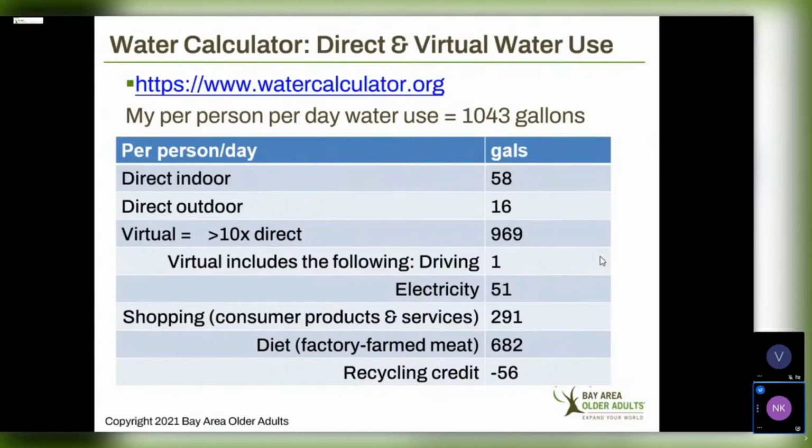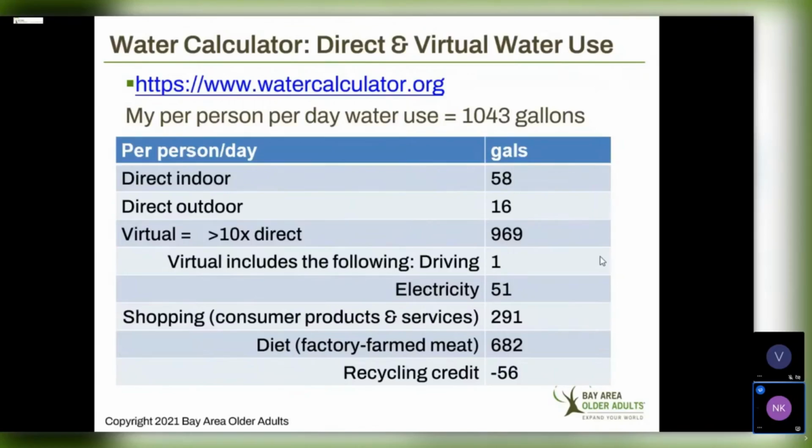Based on this data, the water calculator will tell you what your total water usage is, or what your water footprint is. While the indoor and outdoor water use amounts to 74 gallons per person per day, this was my data. The rest is virtual water.